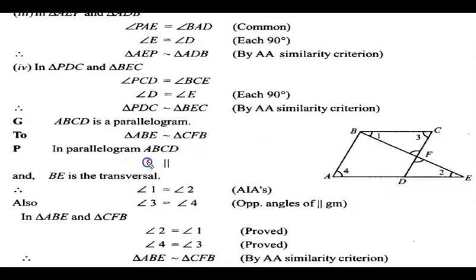So AD is parallel to BC, and AD is extended up to point E. So in place of AD here, we can always write AE. So we can say here that AE is parallel to BC. It amounts to the same thing because it is an extension.